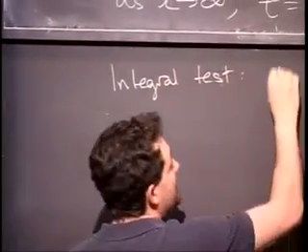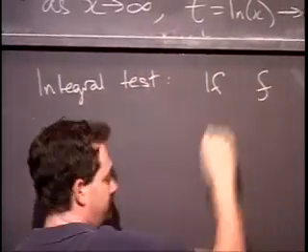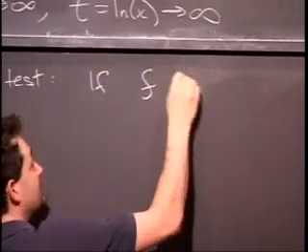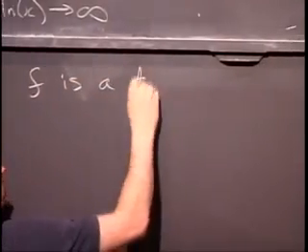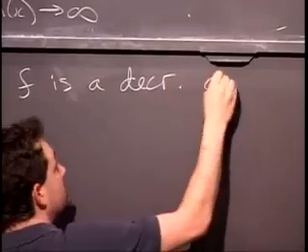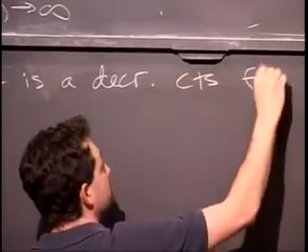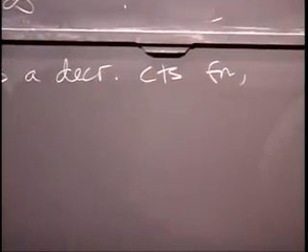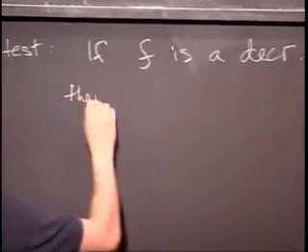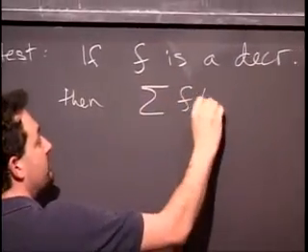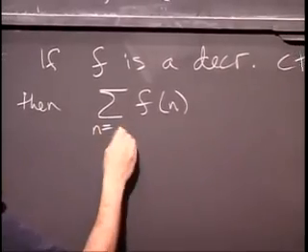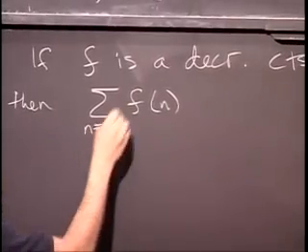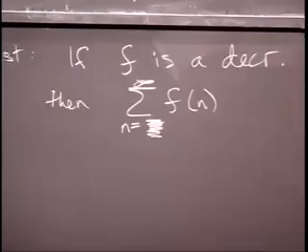It says that if f is a decreasing continuous function, then the series f of n from n equals anything, I sometimes put a little squiggle there, it doesn't matter where you start.